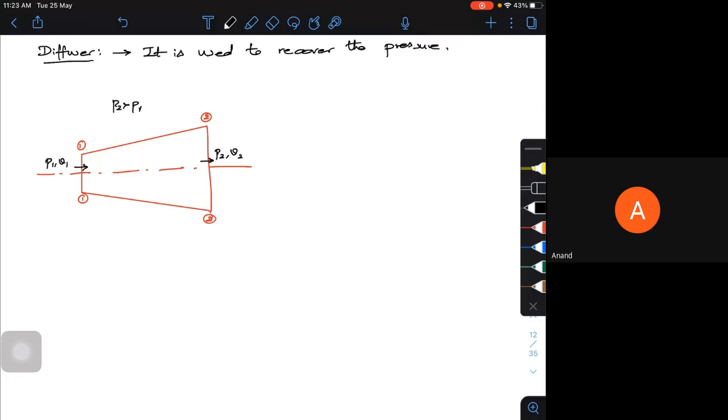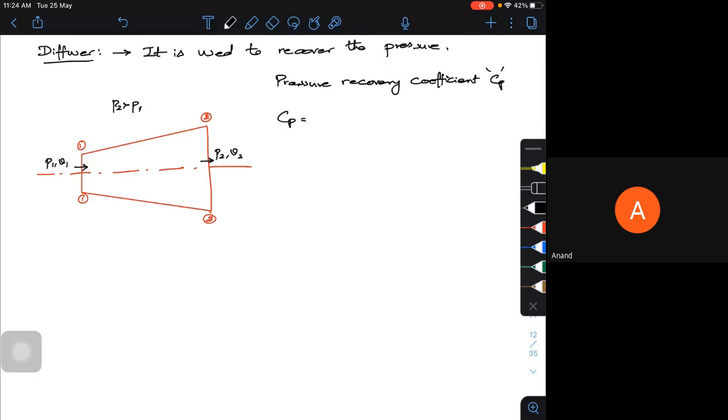Now, in the diffuser, what becomes important is the pressure recovery coefficient, which is also the Cp. What is it?